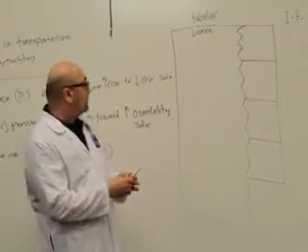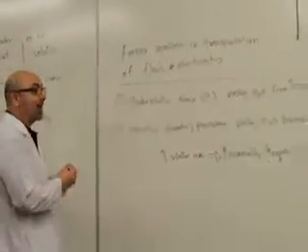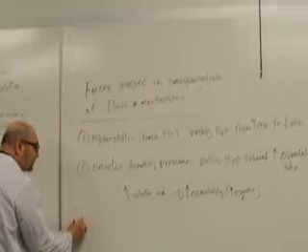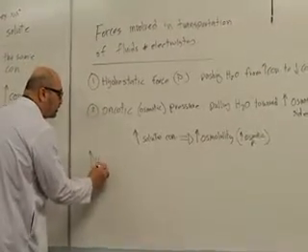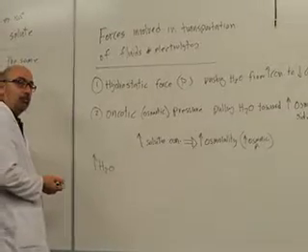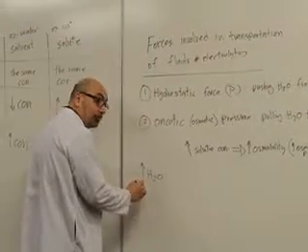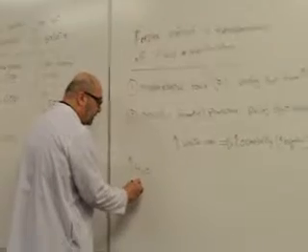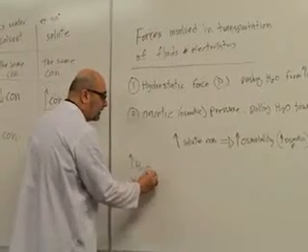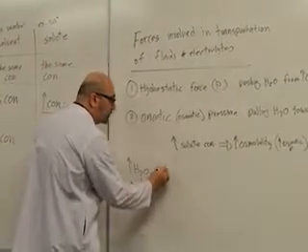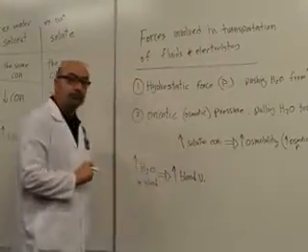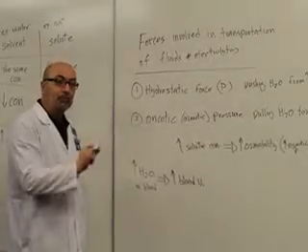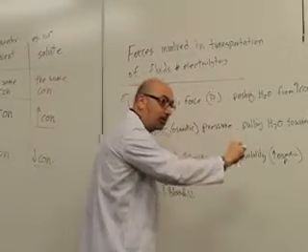So simply put, to understand this, we can say if we increase water concentration, okay, in blood, right, that increases blood volume and you increase blood volume, that increases blood pressure.